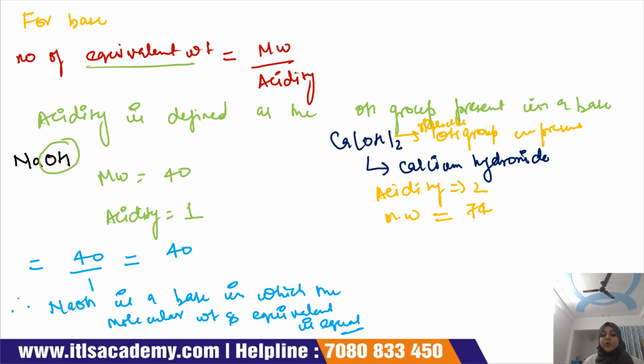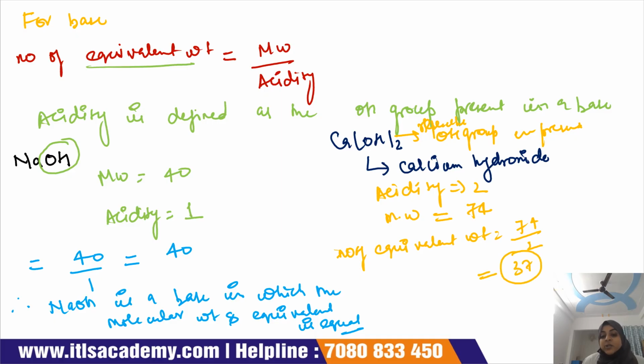So when we put all these values into the formula, we get the equivalent weight equal to 74 divided by 2, that is 37.